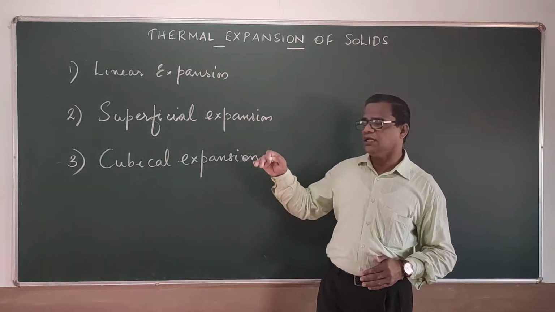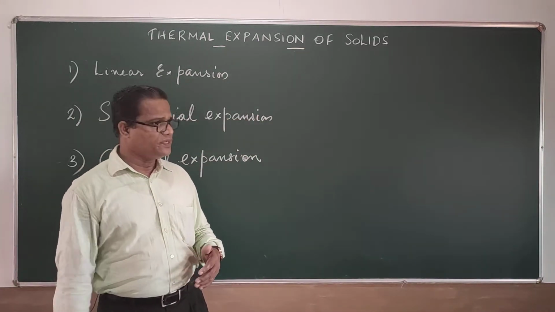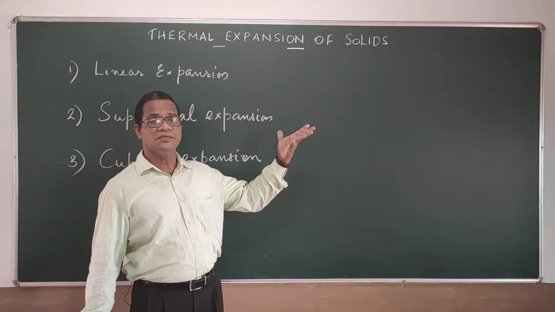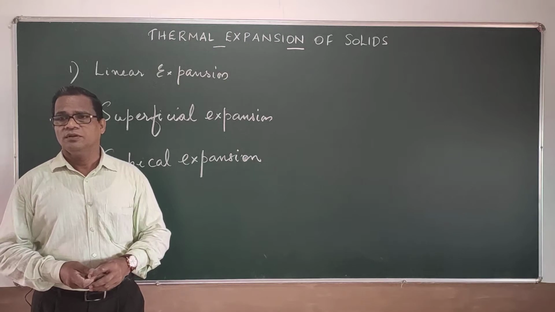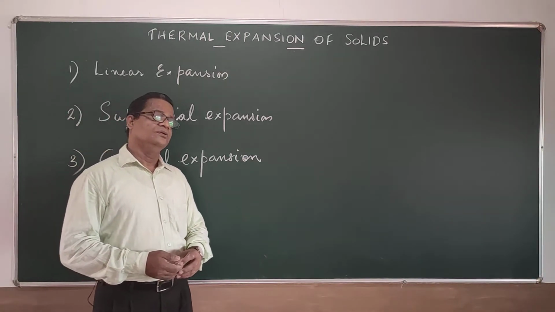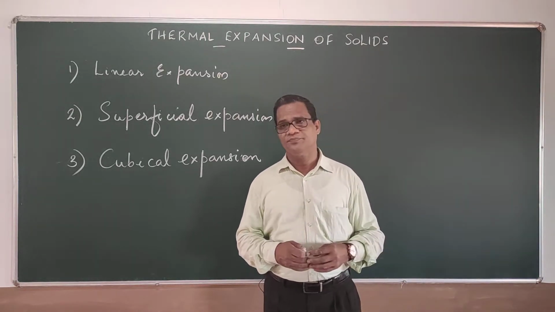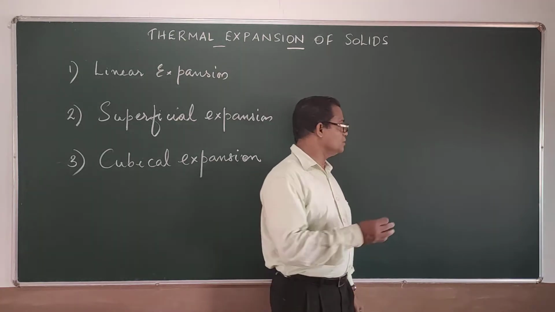Now there is always a doubt possible. Under what condition can we say the length alone is increasing, or surface area alone is increasing, or volume altogether increases? It's a problem. So we distinguish these three types by where and when they come. Suppose you take a thin long rod.